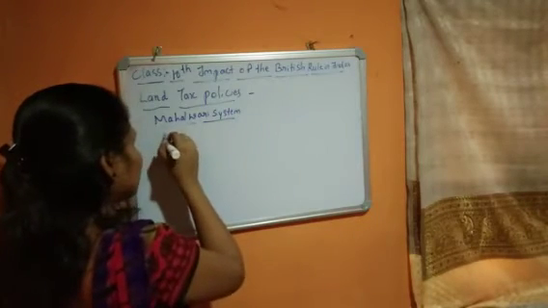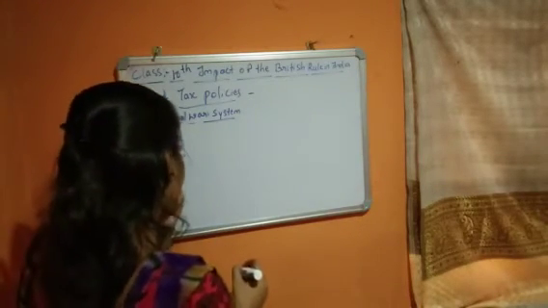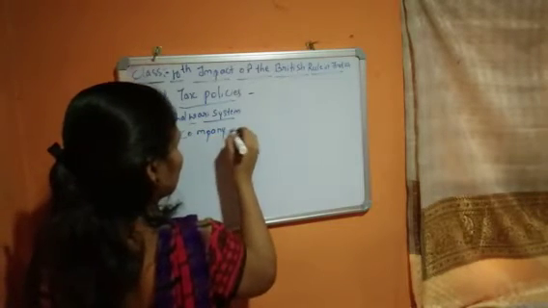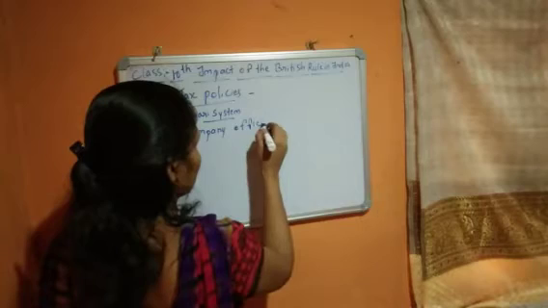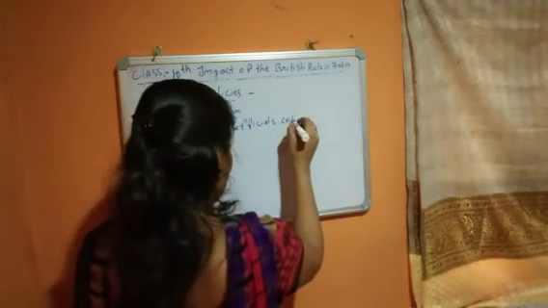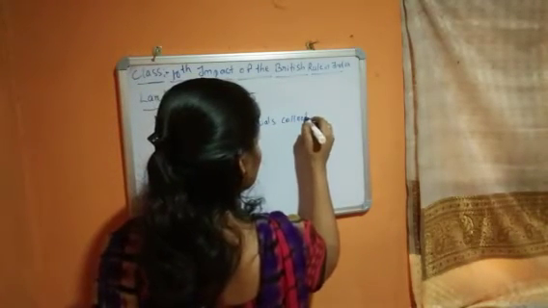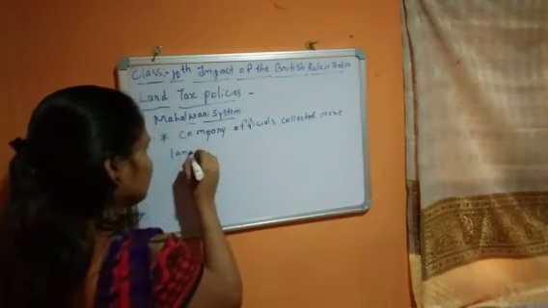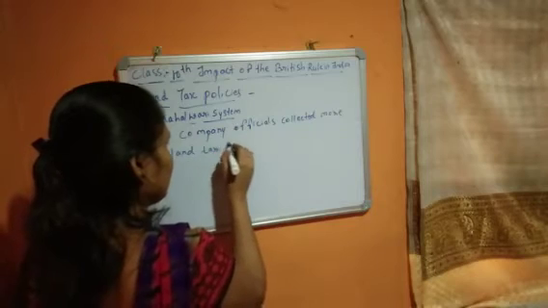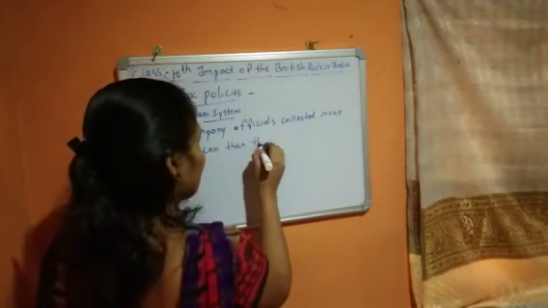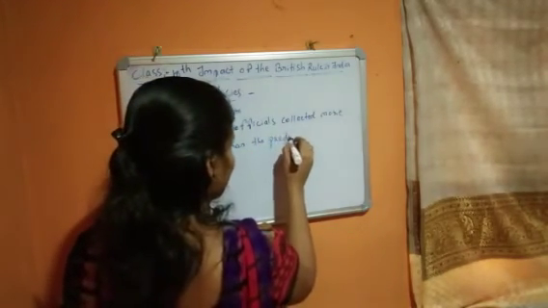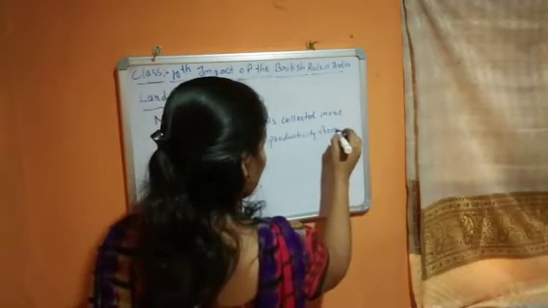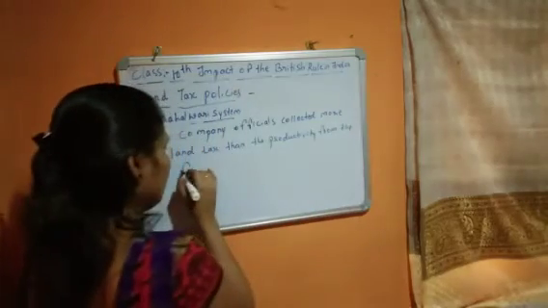Okay, next, fifth point. Company officials collected more land tax than the productivity from the fields.